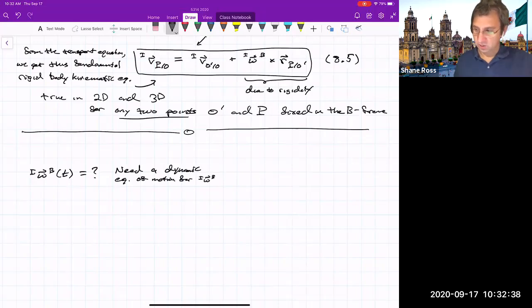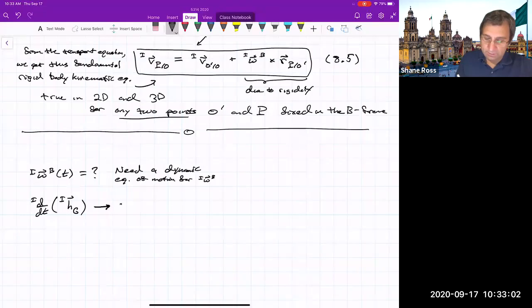We'll need an equation of motion for how omega changes. The first step to getting that would be to look at the rate of change of the angular momentum of the body about its center of mass. And that will eventually give us the rate of change of the angular velocity.